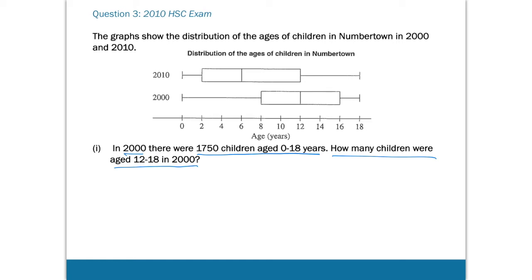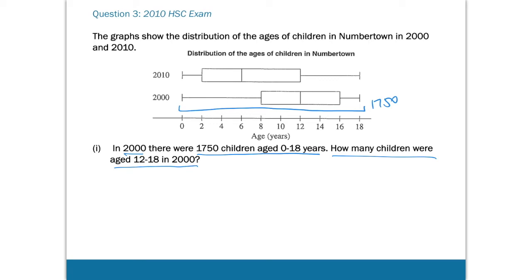Okay, so the first thing we're going to look at is, let's just draw this here. In 2000, the whole population of 0 to 18-year-olds was 1,750. So this whole line here represents 1,750 children.